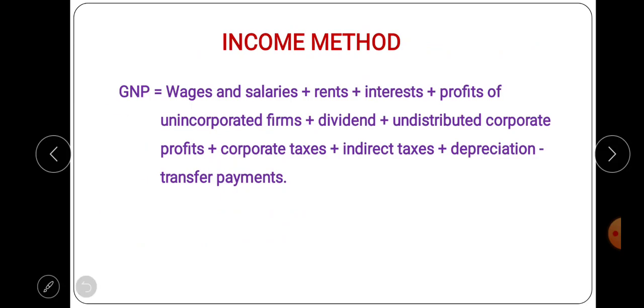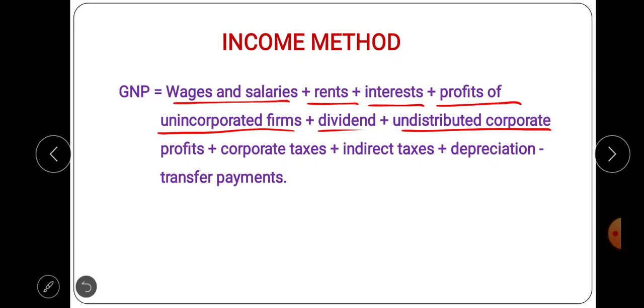The first method is named the income method. According to this method, the GNP, that is gross national product, is the sum total of these different aspects: wage and salary, then rents, interests, profits of the unincorporated firms, then dividend, undistributed corporate profits, then corporate taxes, indirect taxes, depreciation minus transfer payments.